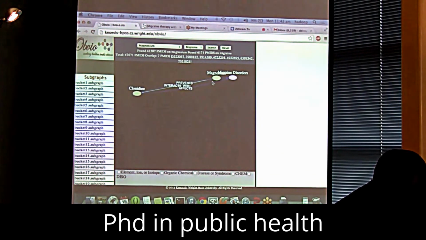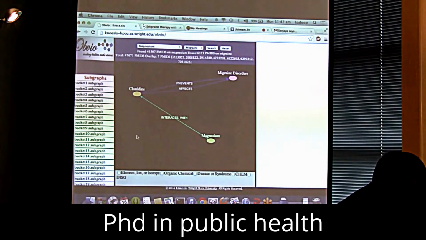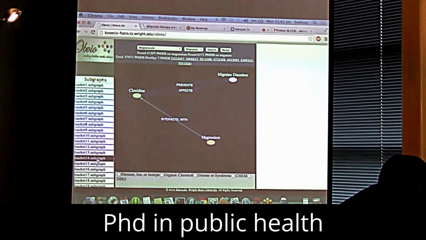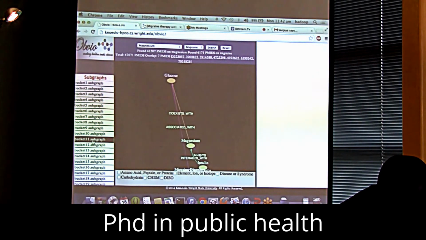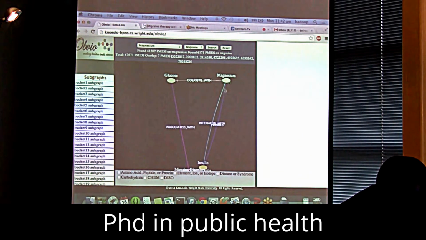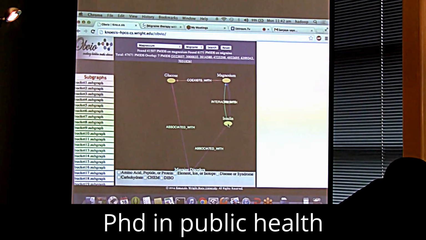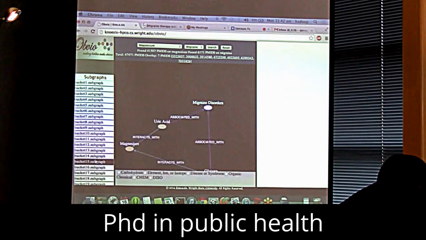The third subgraph has magnesium and clonidine. I'll skip forward to subgraph 11, which has glucose and insulin.